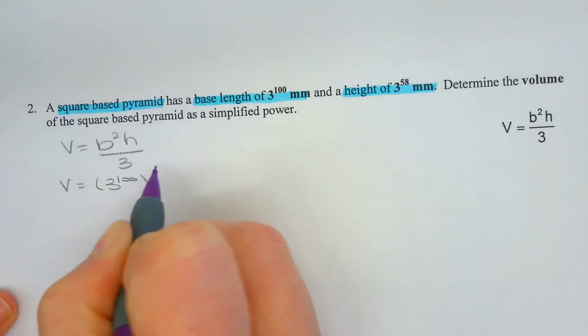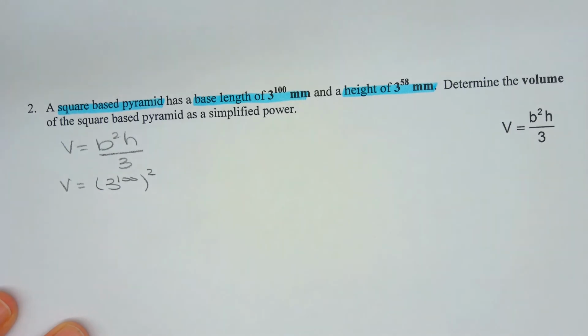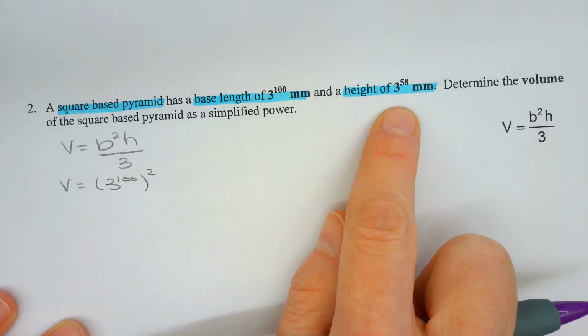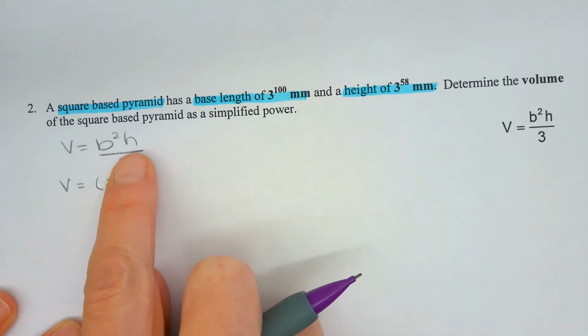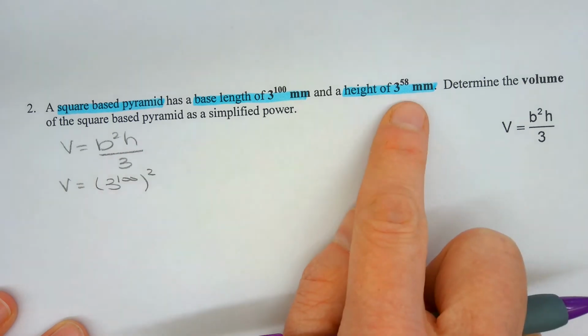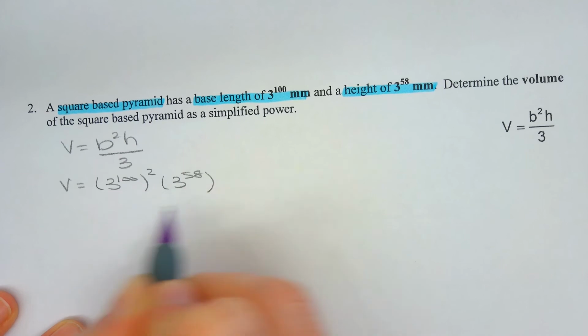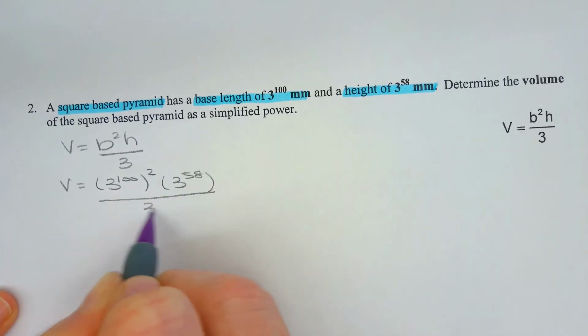But b is to the power of 2, so this must be to the power of 2. H is my height, so my height is 3 to the power of 58. So I'm going to replace h with 3 to the power of 58. And then this is all divided by 3.